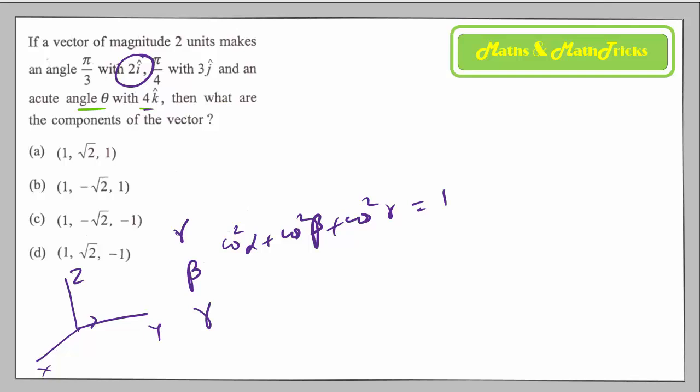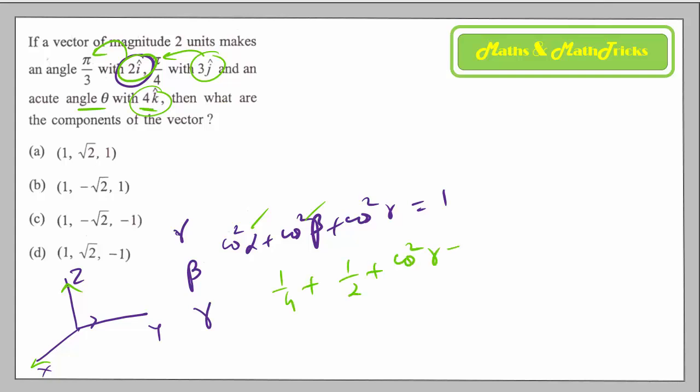So now alpha and beta are already known, because with 2i cap it made pi by 3 and with 3j cap it made pi by 4. So what would be with 4k cap, which is a vector along the z-axis? Then you can easily calculate that cos square alpha is 1 by 4, cos square beta is 1 by 2.